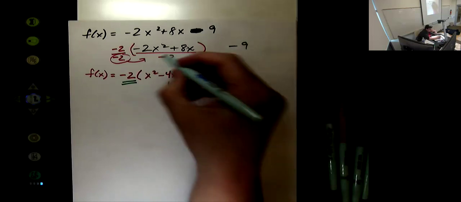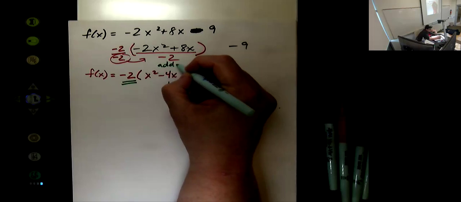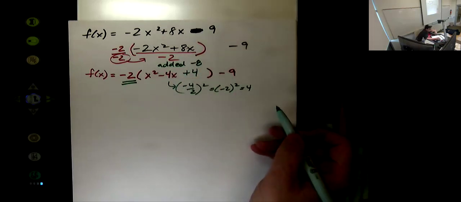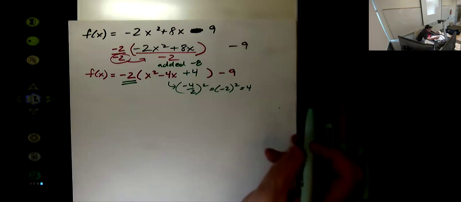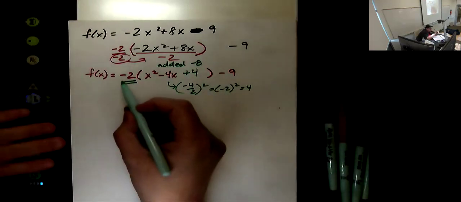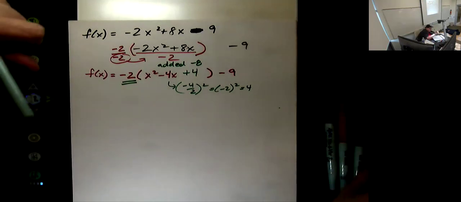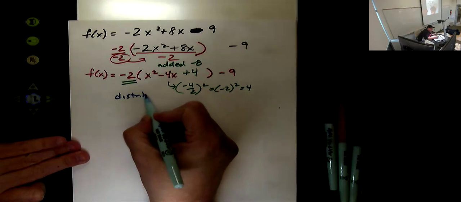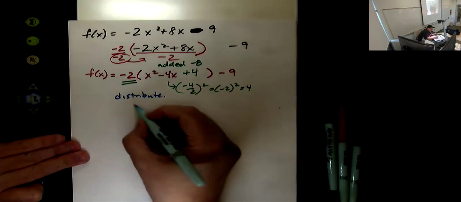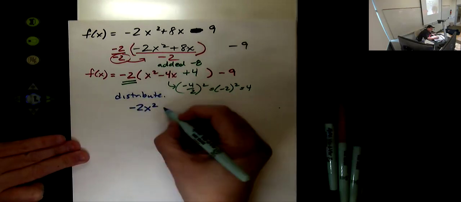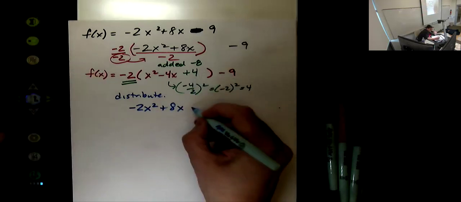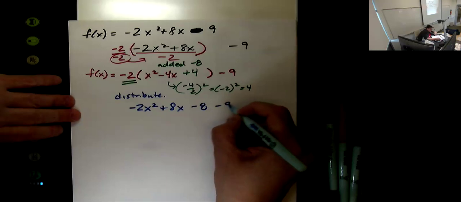What I've really added is -8. Now, if you want to see that real quick, let's distribute. I get -2x squared plus 8x, -2 times 4 is -8, minus 9.